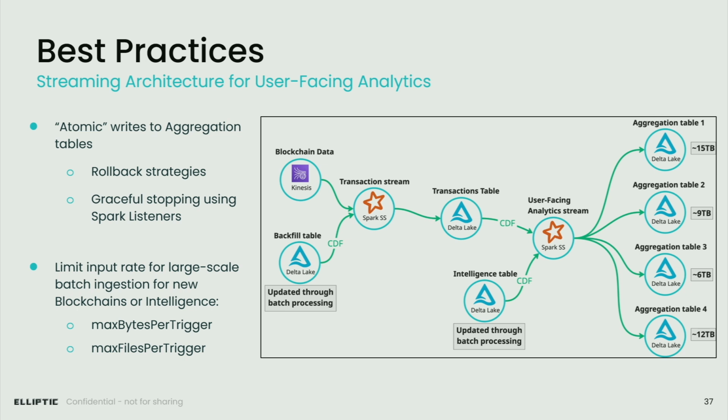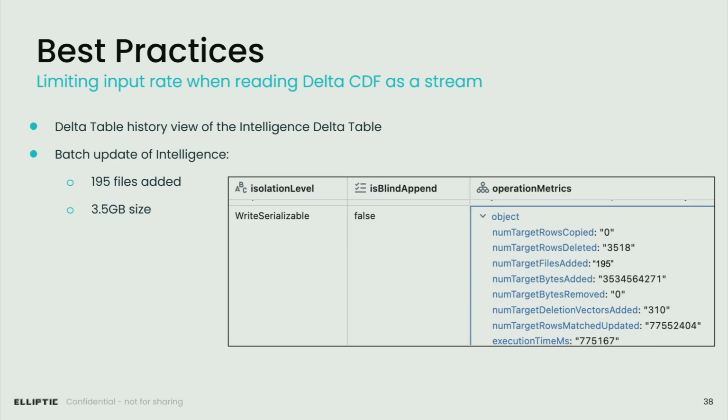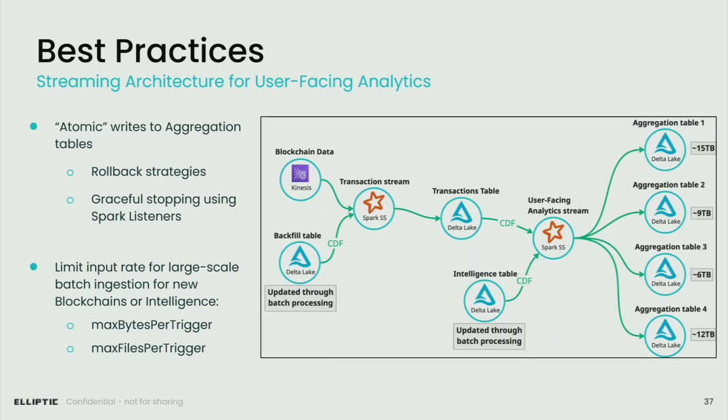The other best practice we have adopted is limiting input rate, as Matthew has mentioned, using these 2 configurations. I'm going to do a bit of a deep dive into this one. Sorry, let me go back 1 sec. Before doing this deep dive, I'm going to give an example of what happens when we do an intelligence load into the intelligence table, especially when we do a batch of, let's say, 3 gigabytes or 10 gigabytes, and we don't want the stream to be lagging.